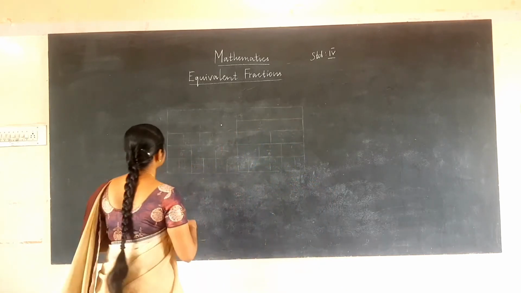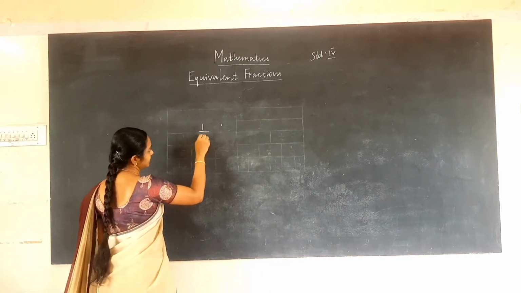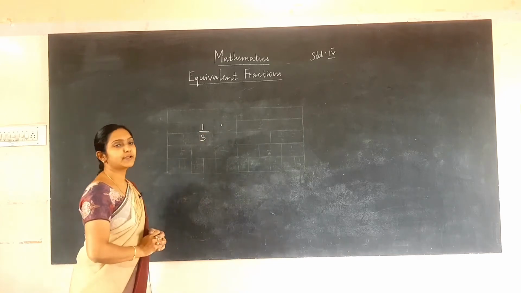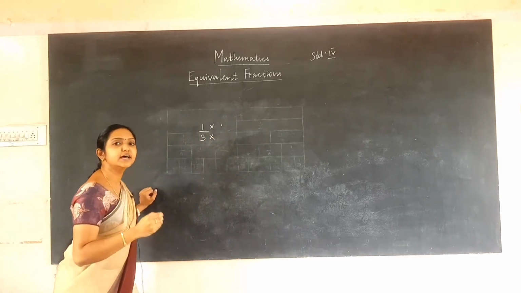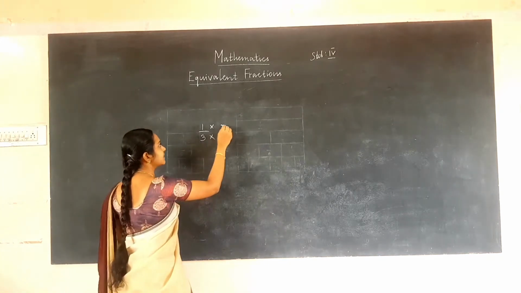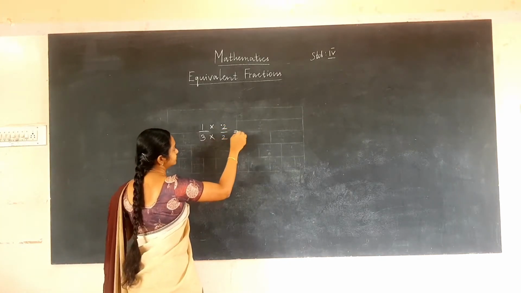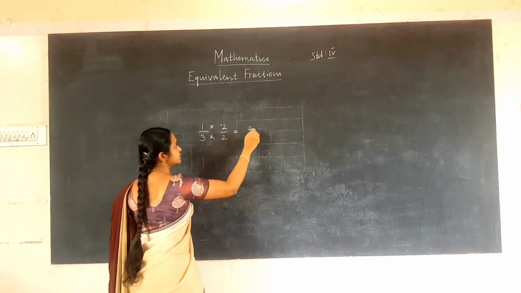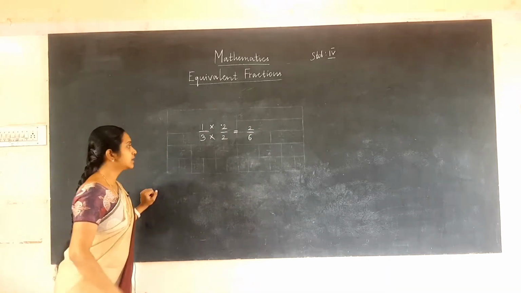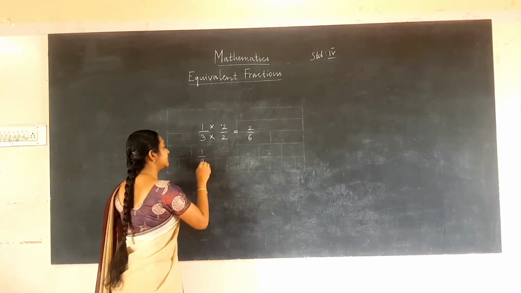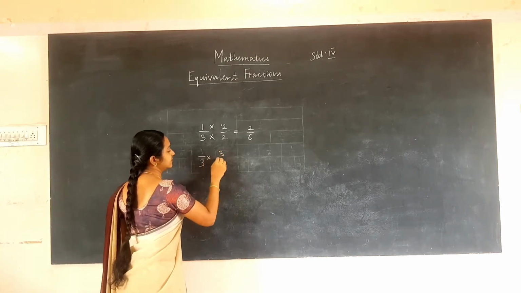number. Let us consider 1/3. First let us multiply. We are going to multiply the numerator and denominator with the same number. Let us multiply it by 2. 1 into 2 is 2 and 3 into 2 is 6. Now let us multiply it with 3.